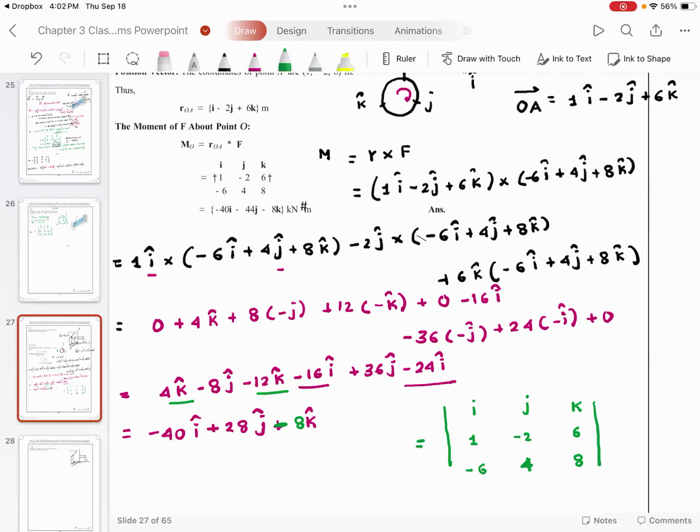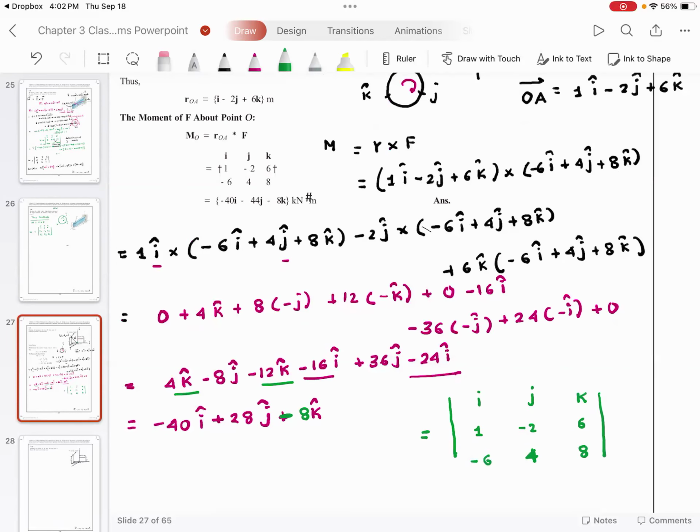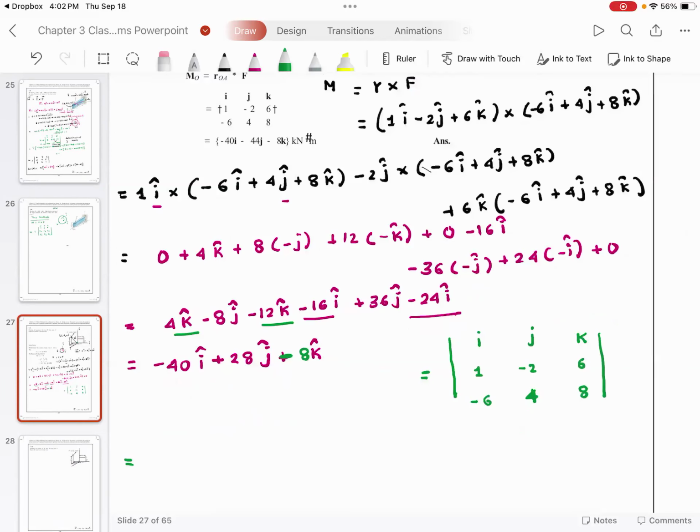Can you do it? Or should I just write this down? I'll write this down. i times minus 2 plus 8 minus 16 minus 24. You agree with me? This is a minus 40i. Minus j, 8 plus 36.